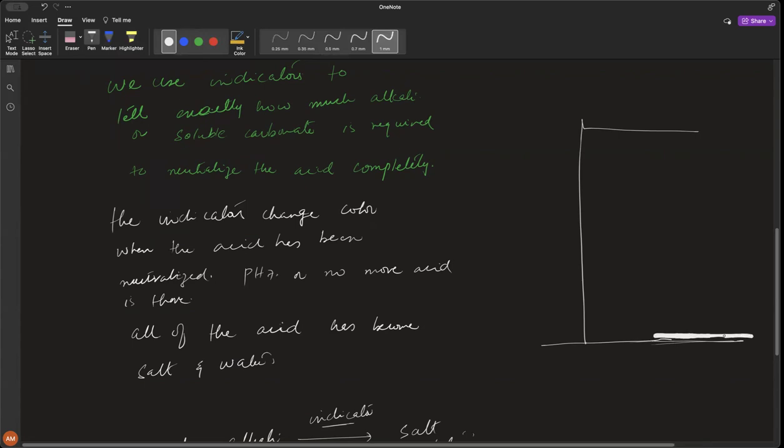A white tile is placed. This is called a retort stand.